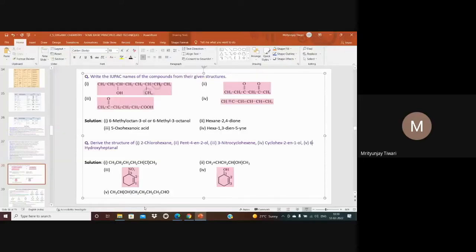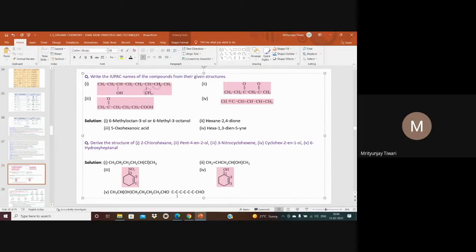So what I wanted to say is, to write this structure, we have to first write carbon, carbon, carbon, carbon, carbon, carbon. So three carbon atoms are already there, and there is another carbon, but since it is an aldehyde group and numbering starts from the functional group, you can put this as a CHO. Now this is a part of the functional group, numbering 1, 2, 3, 4, 5, 6.